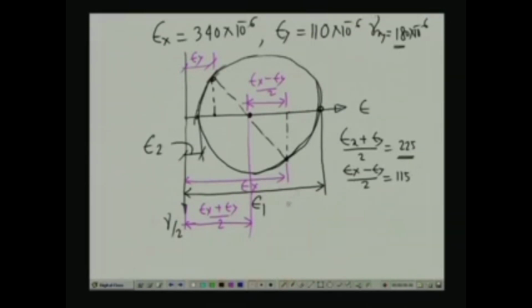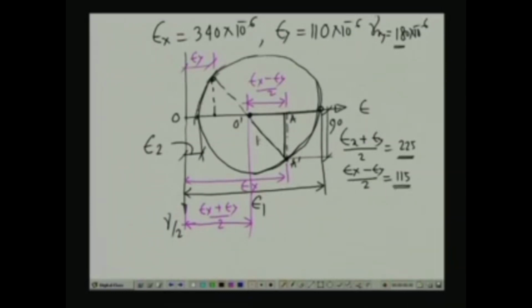Now, normal strain epsilon 1 will be the distance from O to O dash plus the radius, and the radius can be computed from this triangular configuration, where let us call this A, this is A dash. Now, A dash is equal to gamma by 2, which is 90 into 10 to the power minus 6, and this distance is epsilon x minus epsilon y by 2, which is 115.